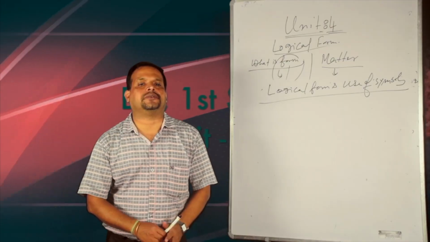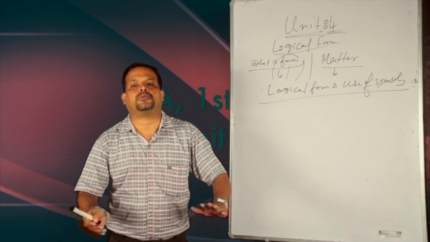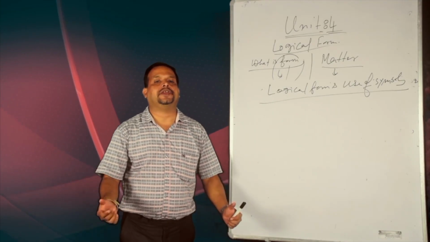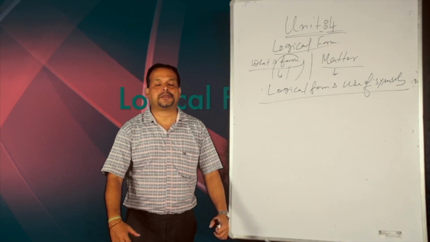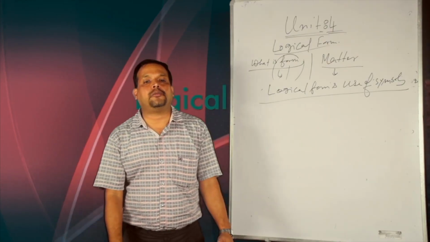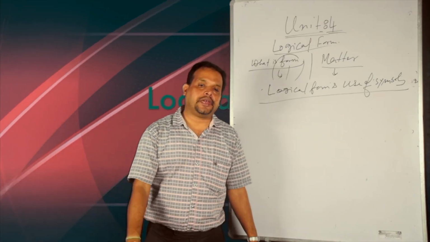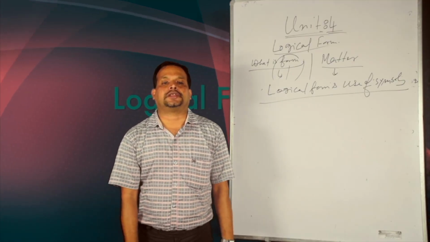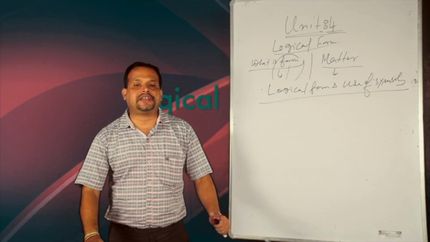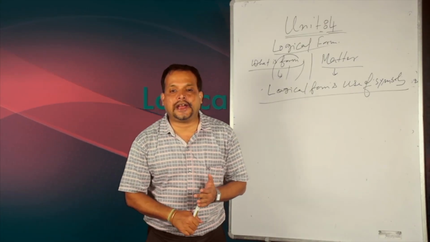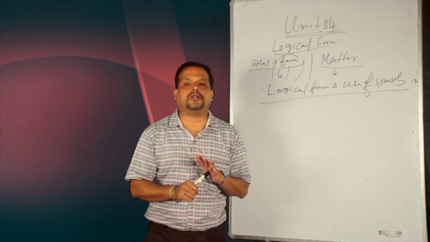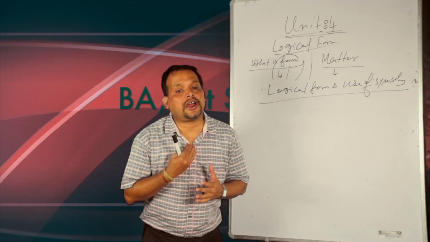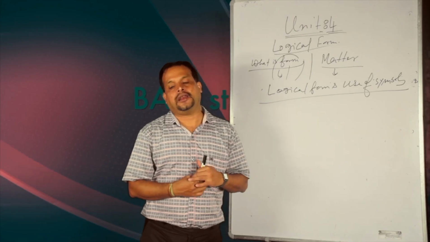It has been observed, in order to discern the form of the proposition or the argument, one needs to completely withdraw one's attention from the subject matter of the argument or proposition, as the case may be, and express the same through symbols. The use of symbols makes the logical form clear. Thus, the use of symbols facilitates the discernment of logical form.